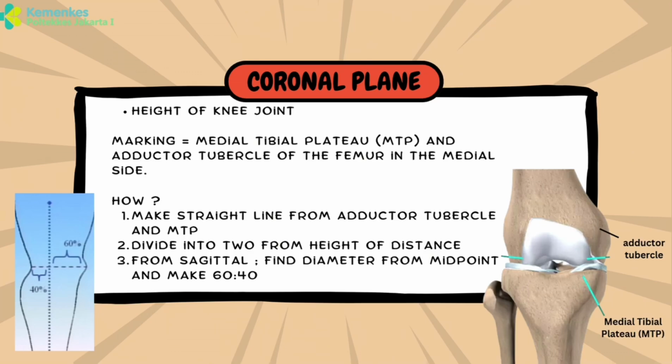How do we find it? First, we make a line from the adductor tubercle to the MTP. After that, we divide it into two until we find the midpoint. Then we move to the sagittal plane and find the diameter from the midpoint and make it 60-40 to find the mechanical knee joint.